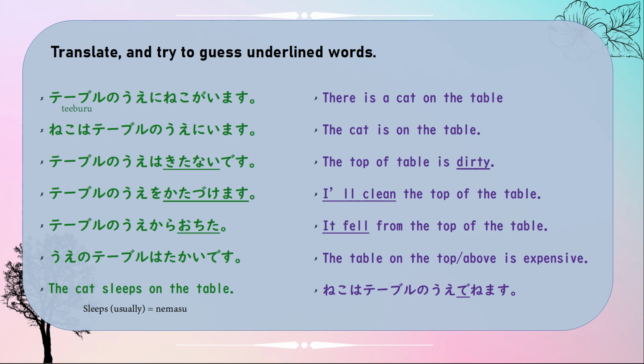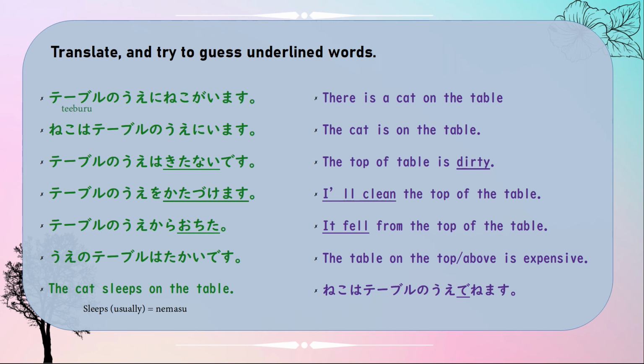So you have to start with the verb. And since we're in Japanese, you don't have any subject, so you have to add one, like randomly. So here, let's have I. So you start with the verb, I will clean, and I will clean what? This is the object, teiburu no ue, so the top of the table.